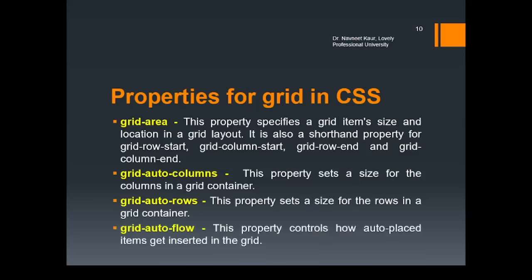Next property is grid auto flow. This property controls how auto-placed items get inserted in the grid. You can actually let your program decide using the grid auto flow how you want to place your items, whether you want to place them column wise or row wise. Let's implement this now.